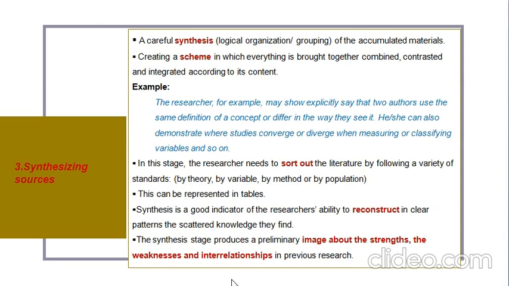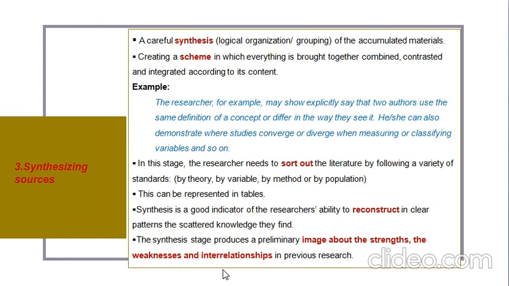If, for instance, a researcher is surveying theories on a given subject, a good review of literature is not only a listing of the theories, but a discussion of how the theories are related to each other, how they are similar to each other or different from each other. This should be explicitly said by the researcher while reviewing the literature.